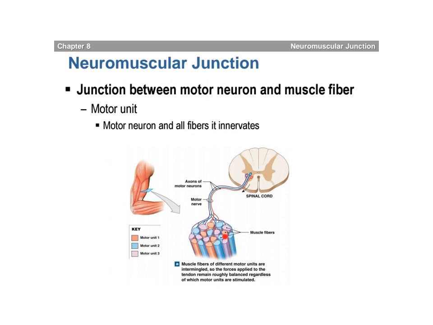So an individual muscle fiber is only innervated by a single motor neuron, but a single motor neuron innervates multiple muscle fibers. The combination of a motor neuron and all of its postsynaptic muscle fibers is called a motor unit, and they work together.